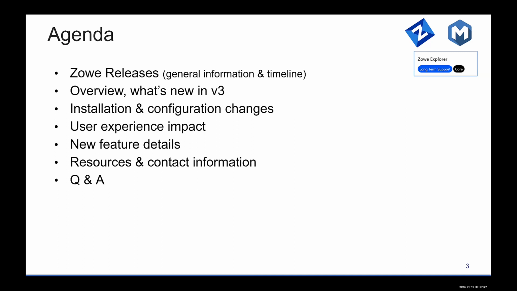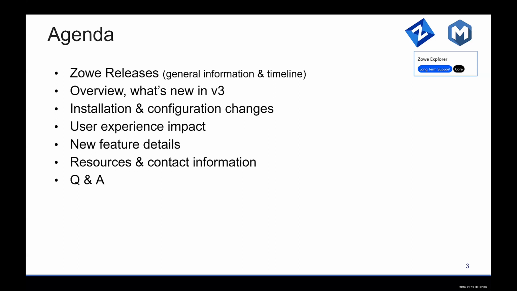Okay, the agenda for today and for all the sessions actually is we'll give you an overview of the release timeline, what's happening with V1, V2, V3, et cetera. And then Billy and Adam will walk you through the specifics related to Zowe Explorer for VS Code. So what's new in V3? What can users expect for installation and configuration changes? Will there be any impact to existing user experience?